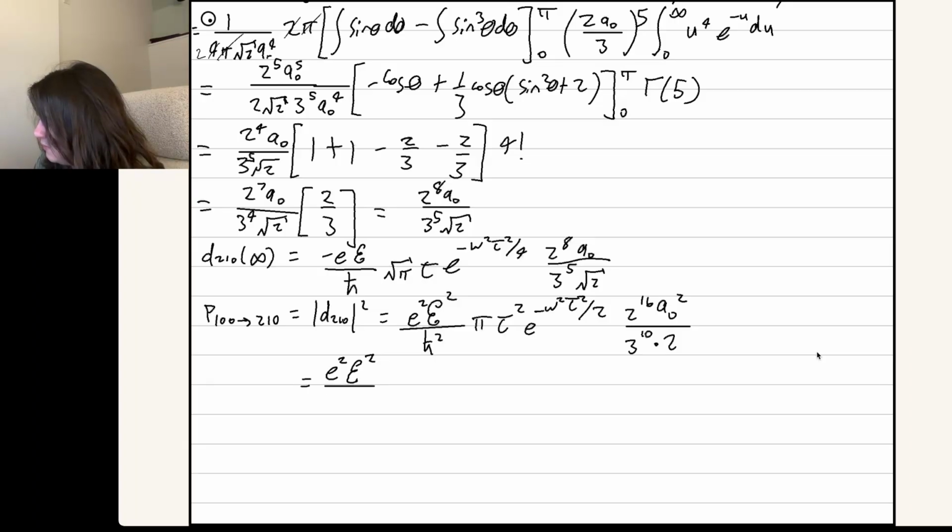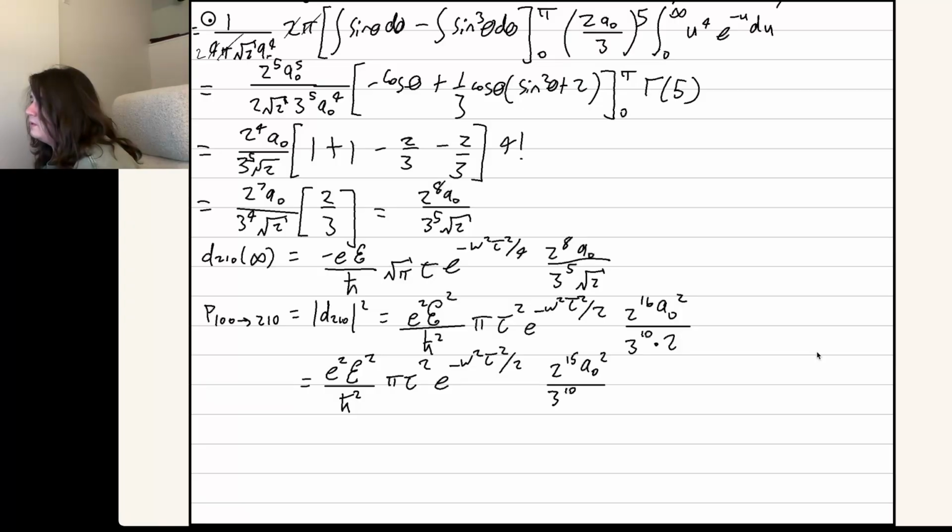Fancy e squared over h bar squared, pi tau squared, e to the minus omega squared tau squared over 2. And then this is 2 to the 15 a naught squared over 3 to the 10. Yeah. And that is looking like what Shankar got, so we are good there. Awesome.